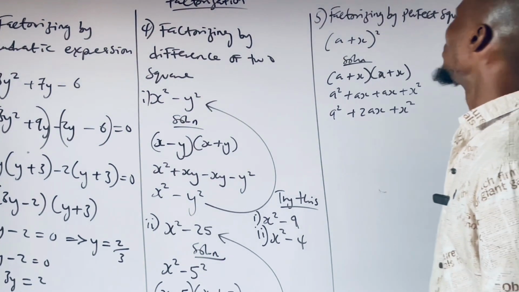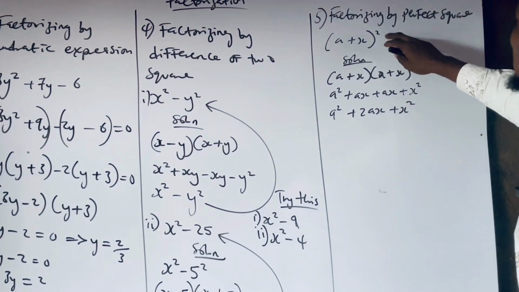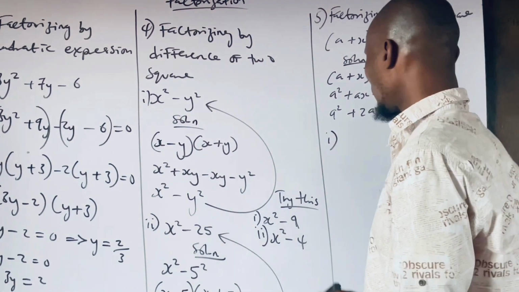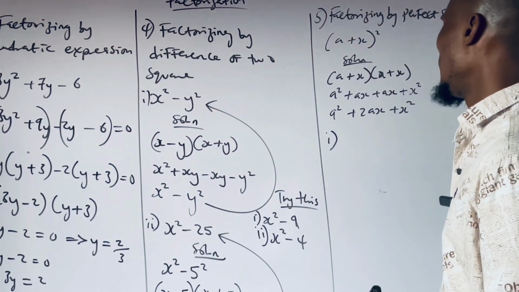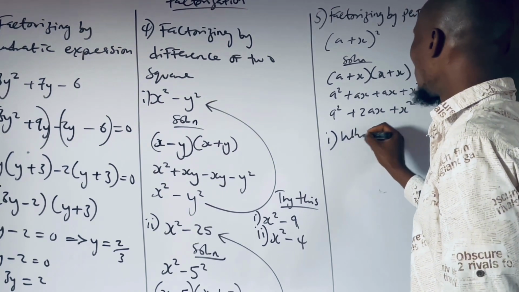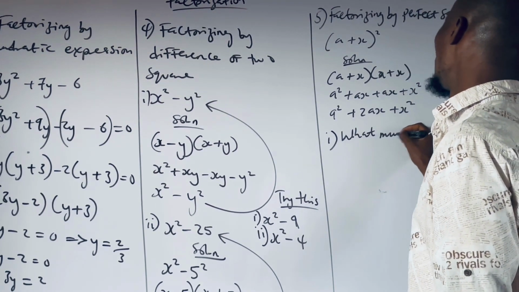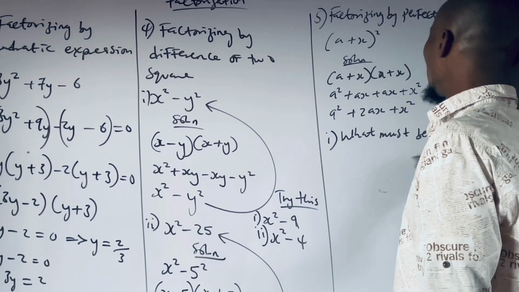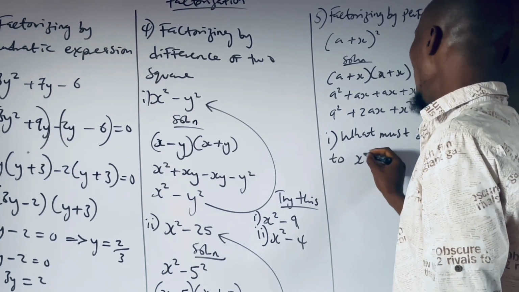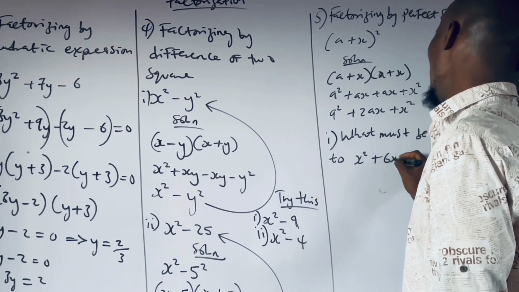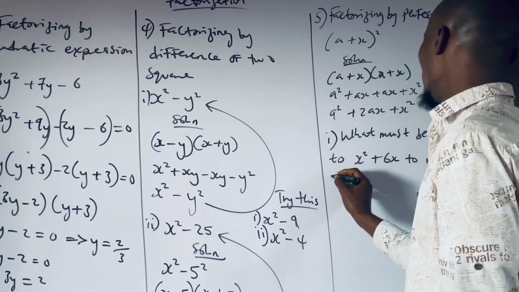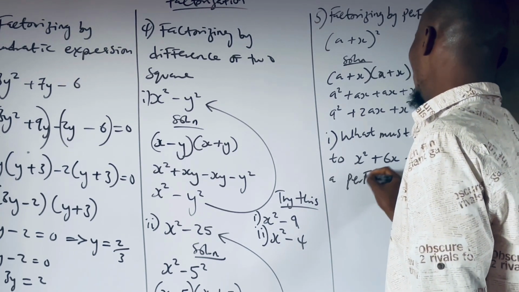Now, to analyze this factorizing by perfect square, let me give you one example. You say, what must be added to x square plus 6x to make it a perfect square?